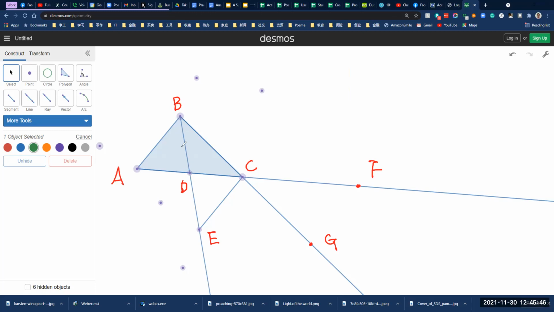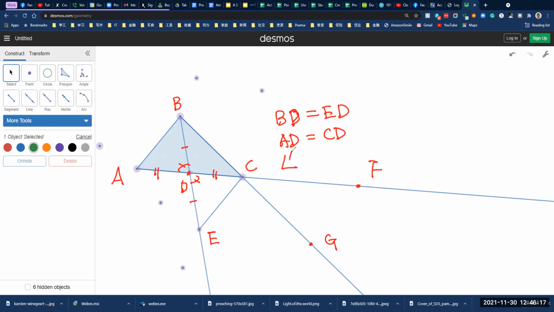So now we know this line and that line are congruent, right? Because that's the radius of the same circle. And we know this and that are congruent. AD is congruent to CD because we picked this as the middle point. And then we know this angle and that angle are congruent because those are vertical angles.